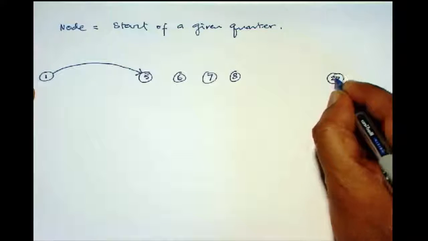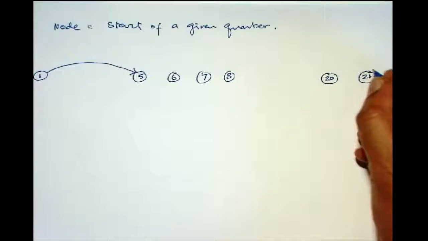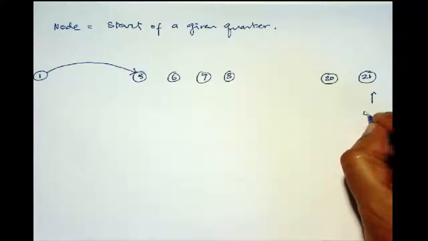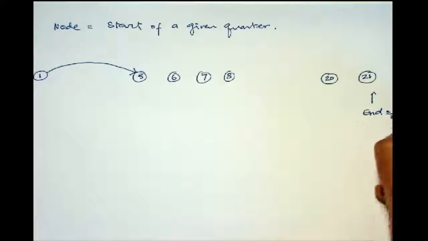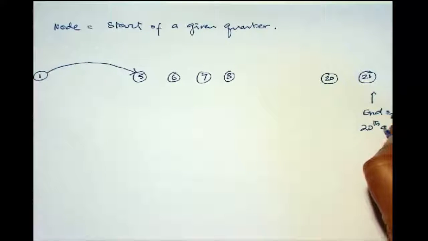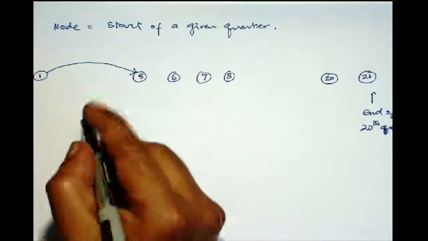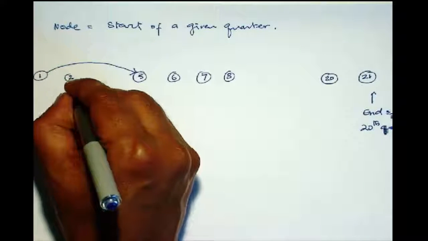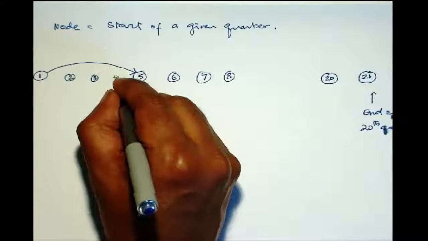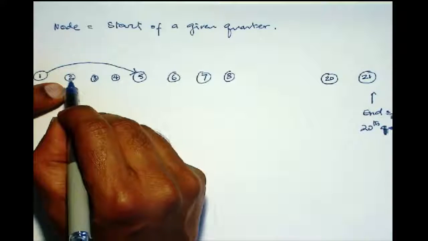So we have to go up to 21, the end of the 20th quarter. Now we have 2, 3, 4, and so on. So if you buy a new machine in 2, then you can only sell in node 6, which is the beginning of quarter 6.